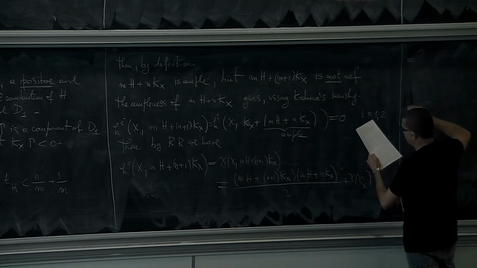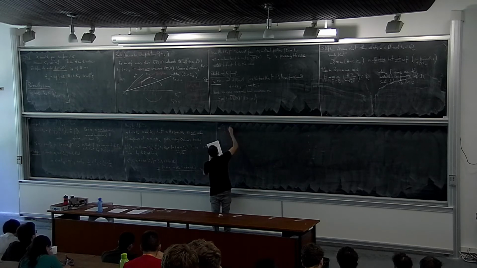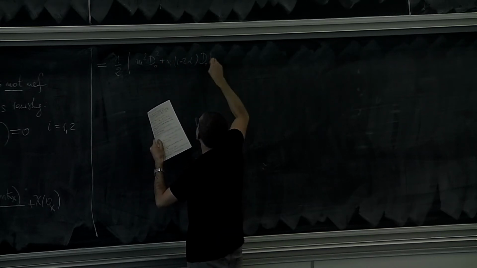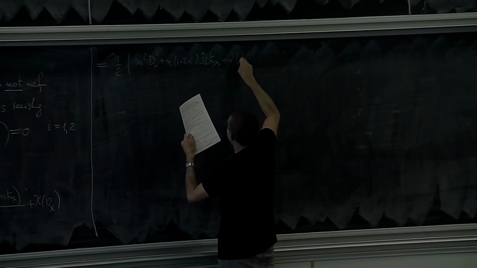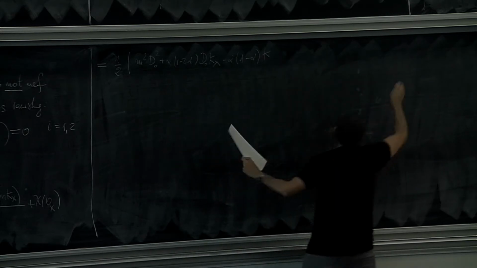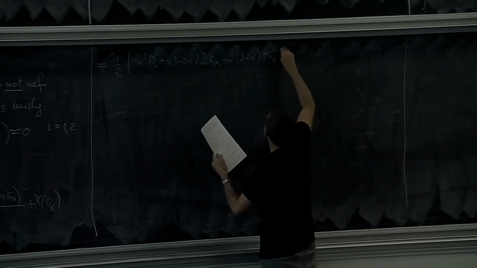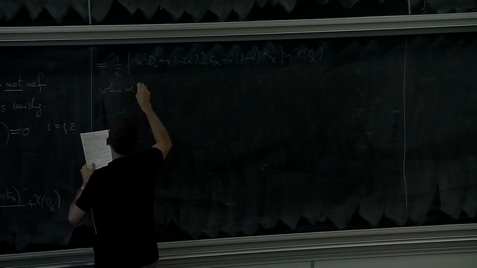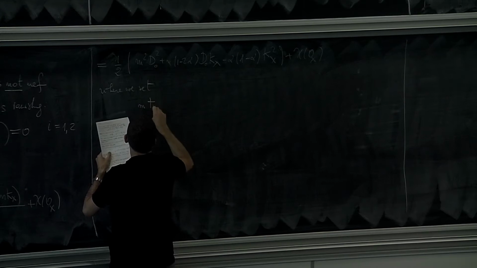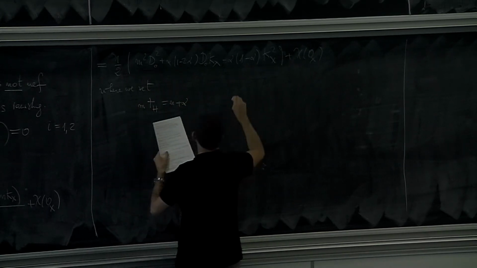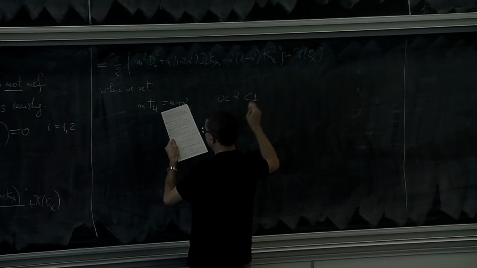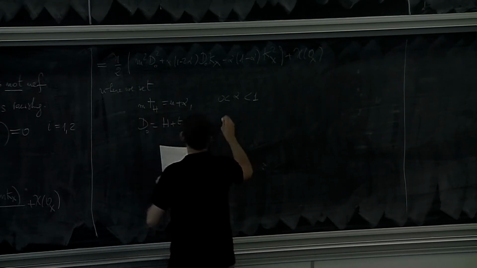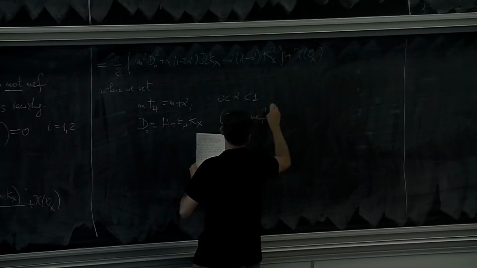And this is equal, I will explain now, to 1/2 m² D0² + m(1 − 2α) D0·KX + α(α − 1)KX² plus chi, where we set m·TH = n + α, and alpha is between 0 and 1, and D0 is H + TH·KX, so D0 is nef but not ample.